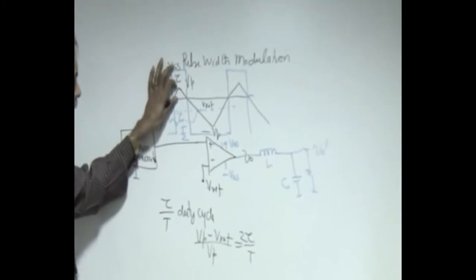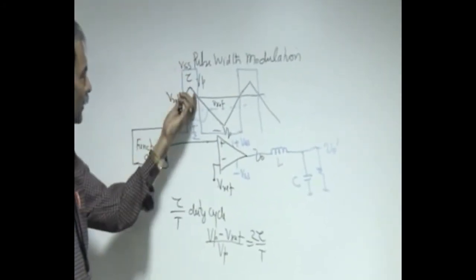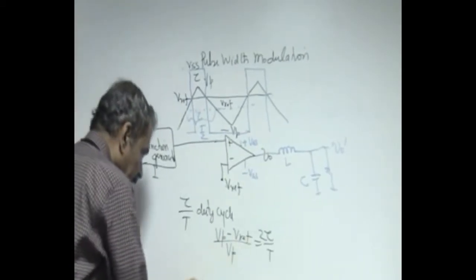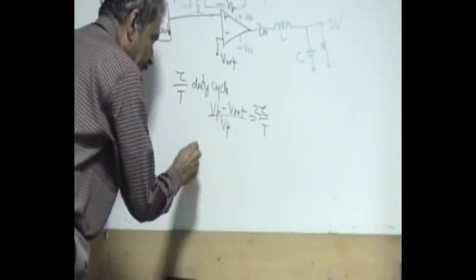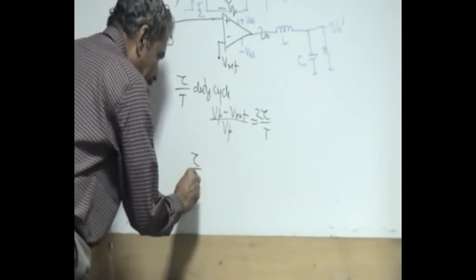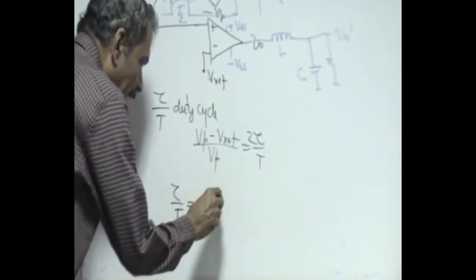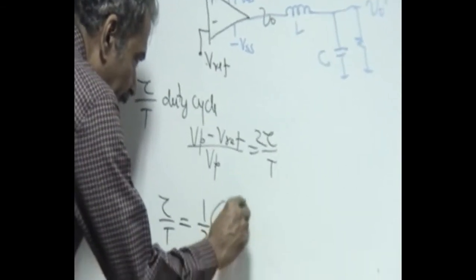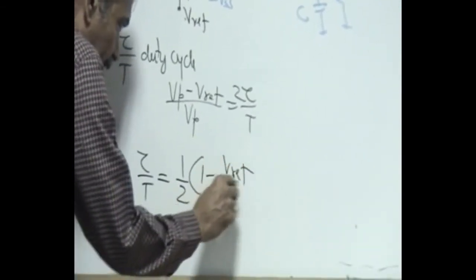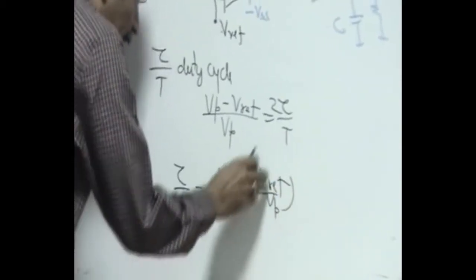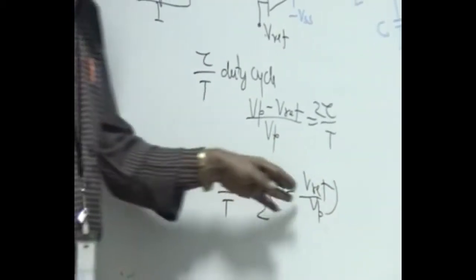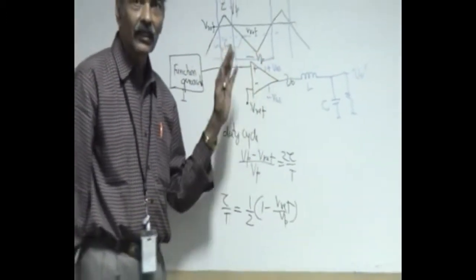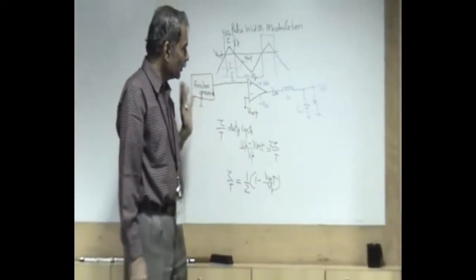This is Vp minus V reference, and tau is its width. So this gives you the fact that tau by T is directly proportional to V reference in the following manner. So if V reference is sinusoidal, then the width is going to change sinusoidally. This is called pulse width modulation.